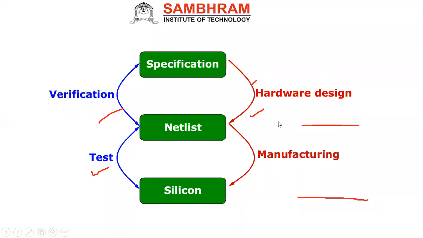This is the role of the verification engineer, but he doesn't know how it has been done. File, menu, copy, paste, so many things, the verification engineer doesn't know how they are designed. That is why the verification engineer has no need to worry about what design has been done. But in verification here, two different types of engineers are there.